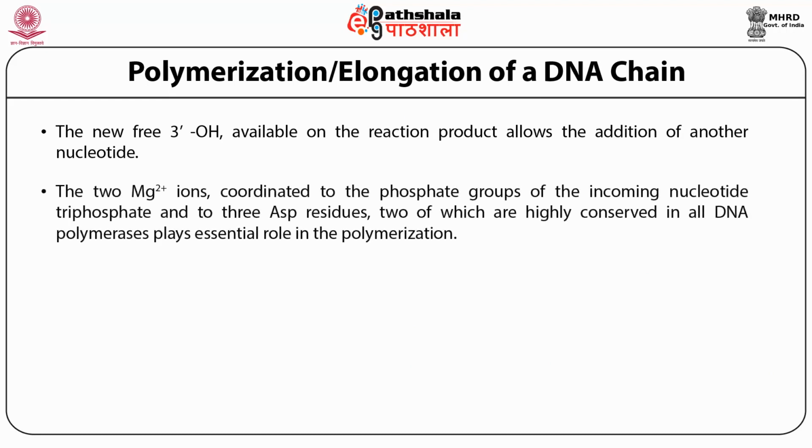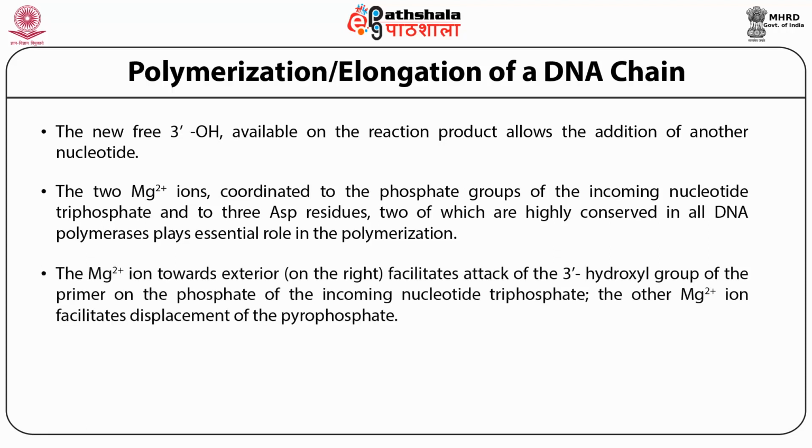Here the two magnesium ions that you see in the cartoon, which are coordinated to the phosphate groups of the incoming nucleotide triphosphate and to 3 aspartic residues, 2 of which are highly conserved in all DNA polymerases, play an essential role in the polymerization reaction.